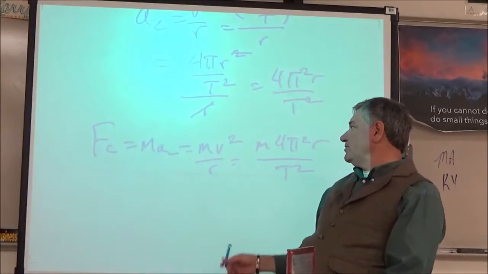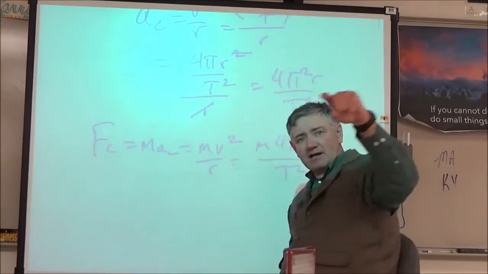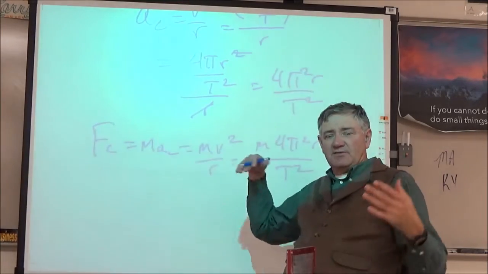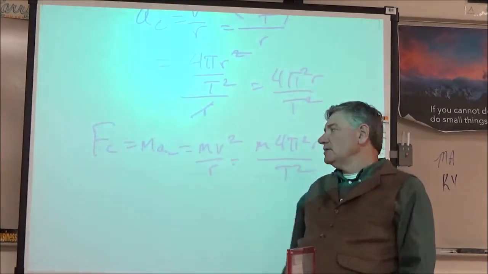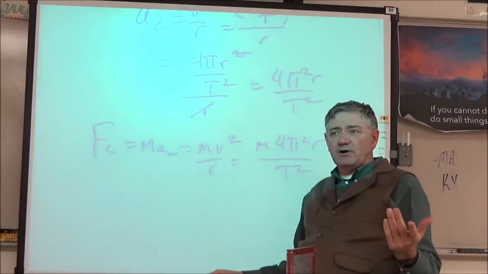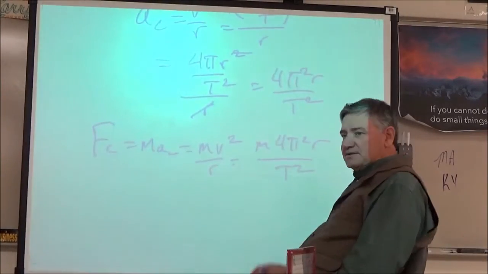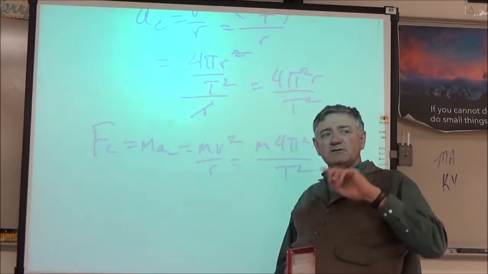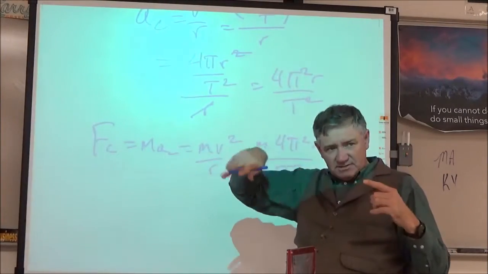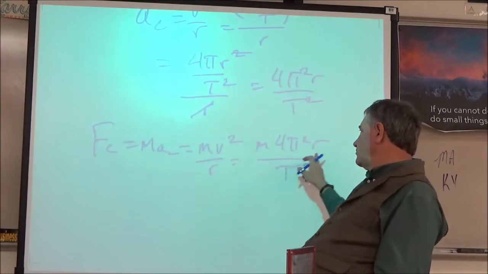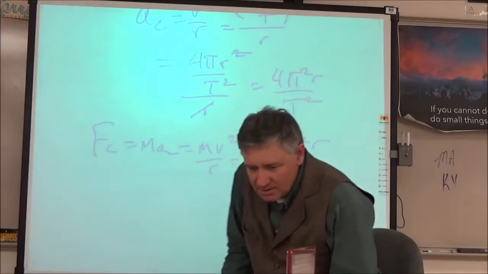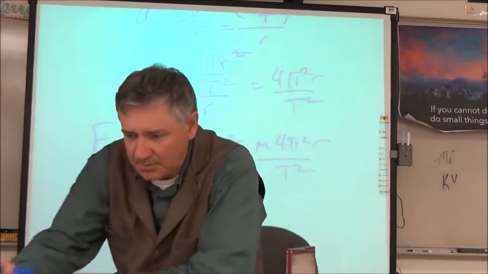So if you're given, hey, Zach is running in a circle at 5 meters per second, and the radius of the circle is 5 meters, how much force is that going to take? Just use v squared over r. But if I tell you that Zach is running in a circle, and it takes him 5 seconds to complete the circle, and you know the radius, then just use 4 pi squared r over T squared. And this makes sense once you get into some of the problems.